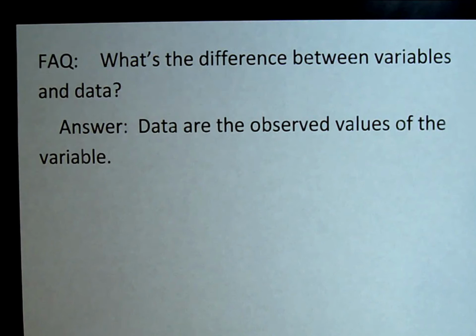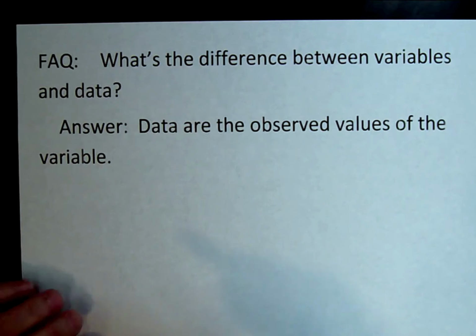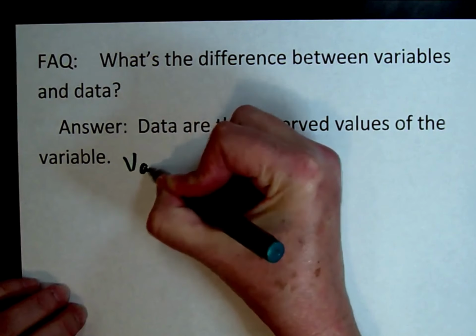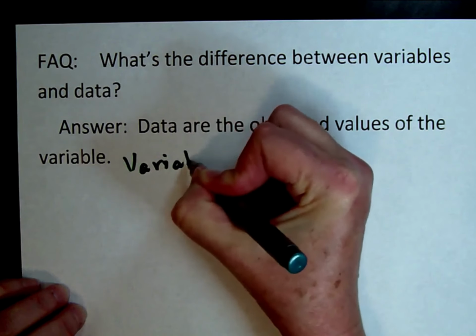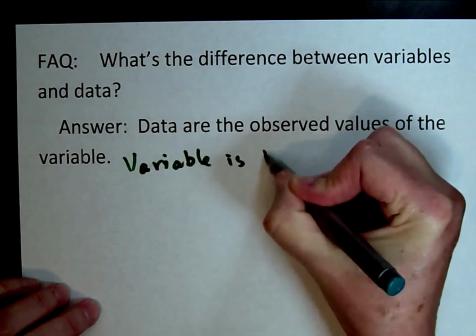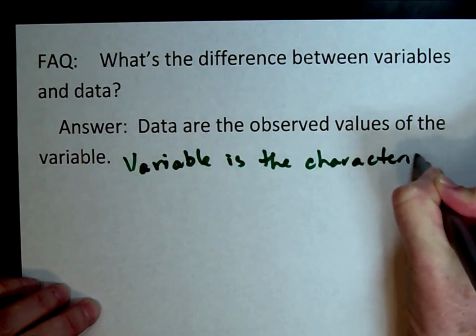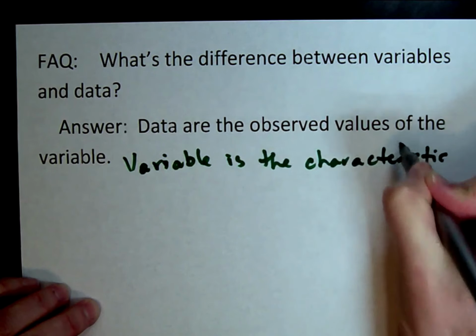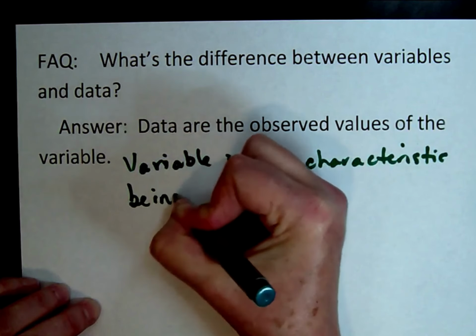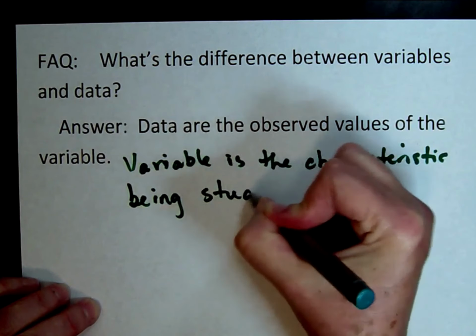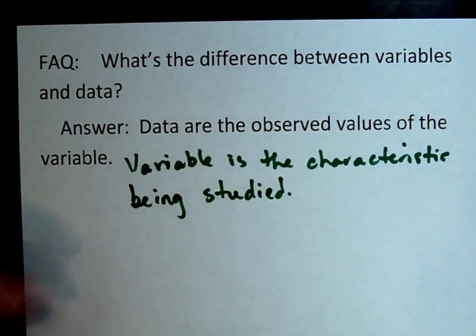Data are the observed values of the variable, and I'll just remind you that the variable is the characteristic being studied. So the variable refers to the characteristic you're studying. The data are the values that you observe for that variable or characteristic.